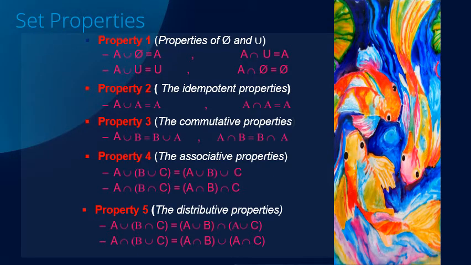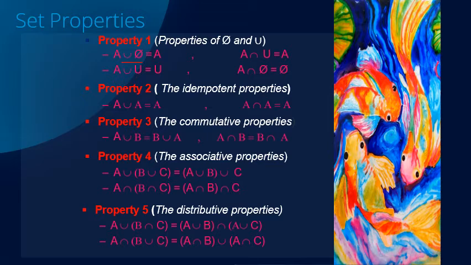So take note of the properties na kinahanglan naton mabalaan about sets. So first you have properties sang imo nga null kag imo nga universal set. So we have union sang set with nothing.